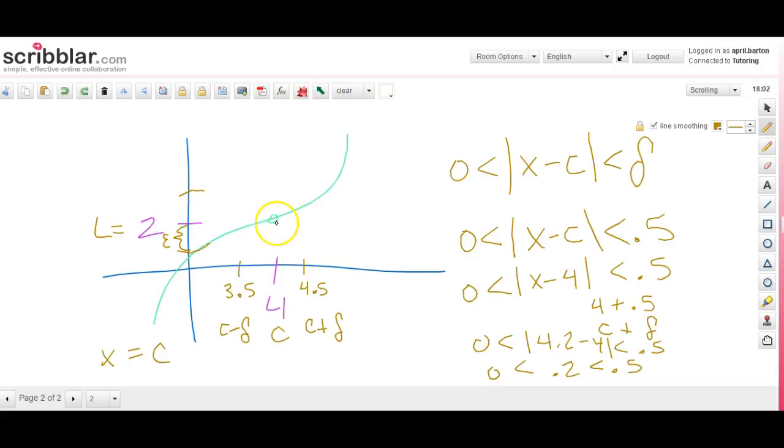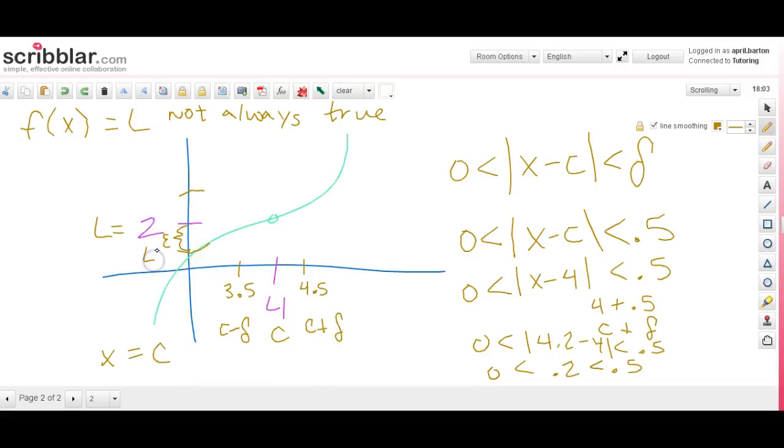Again, if you have a hole, the y value may not exist, which is why you can't just always say f of x is going to equal the limit. That's not always true. It's sometimes true, not always true, which is why we need these really weird epsilon and deltas. So just like here, this would be c plus d.